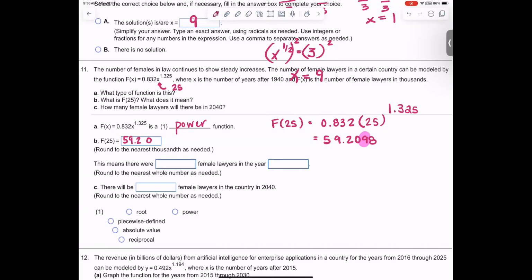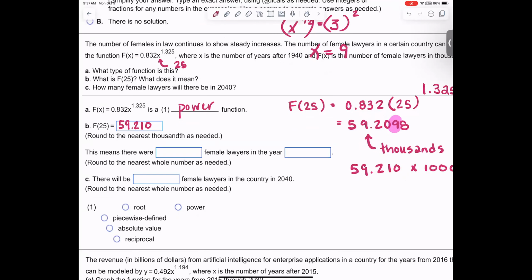This means there were how many female lawyers in the year, what year? Well, this is in thousands. So if we multiply that by 1,000, that will tell us that there are 59,210 female lawyers in what year?